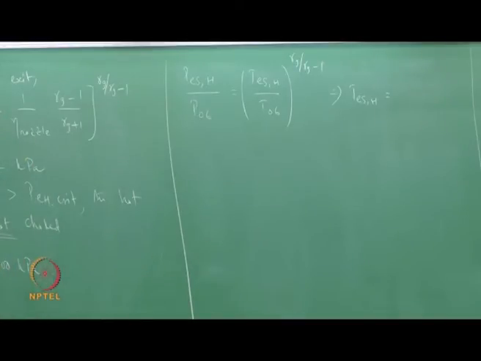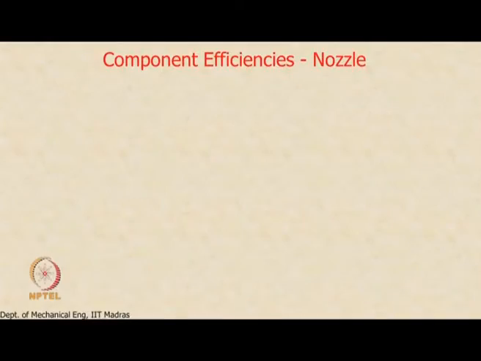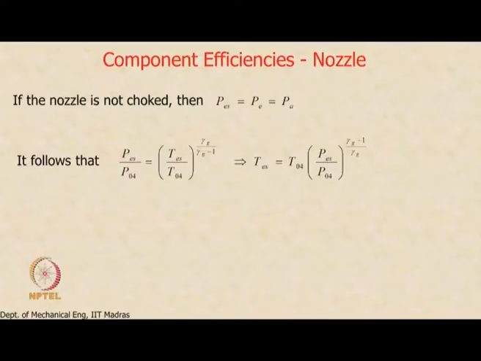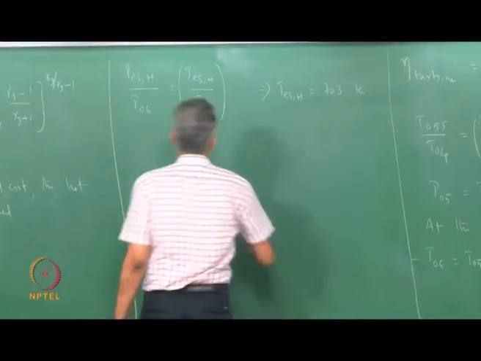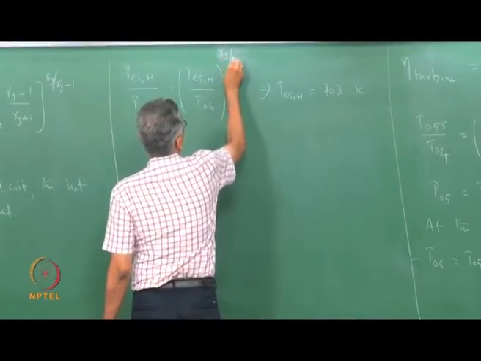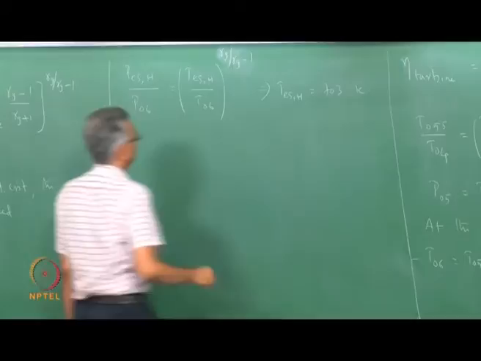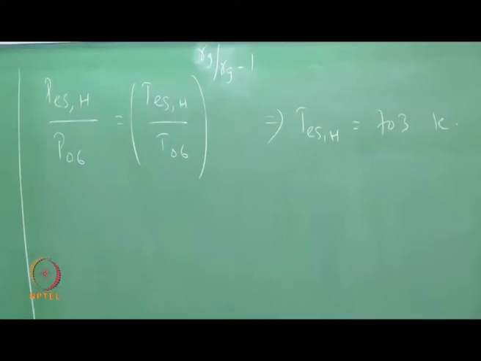What do you get if you do this calculation? Gamma g over gamma g minus 1, and what do you get for TESH?